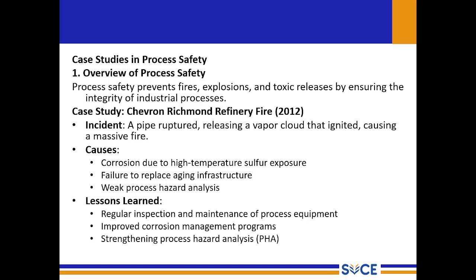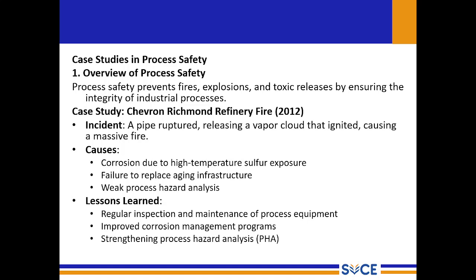The causes of the incident: corrosion due to prolonged exposure to high temperature sulfur compounds; failure to replace old and deteriorating infrastructure, which increased the risk of failure; and weak process hazard analysis, that is PHA, meaning the company did not adequately assess or manage the risk of pipeline failures.